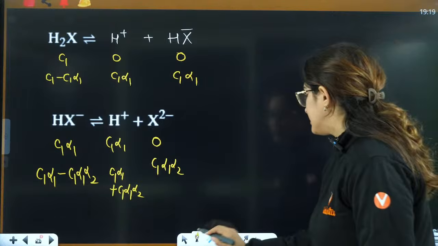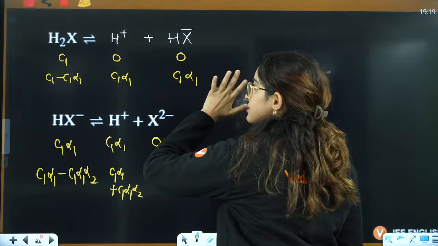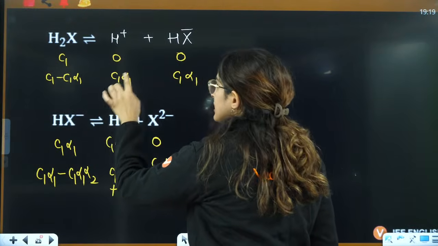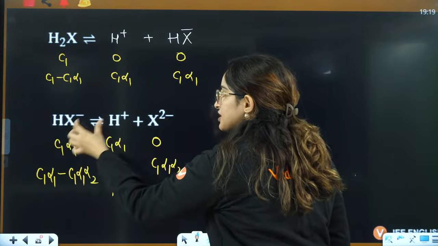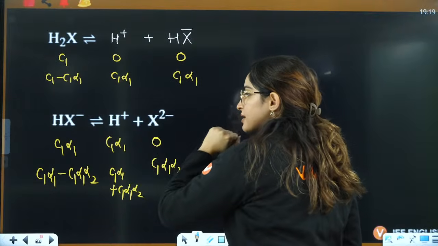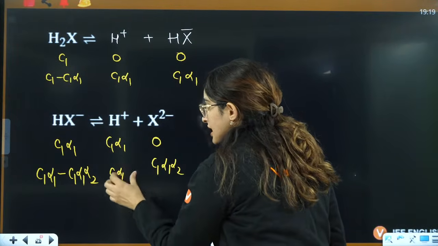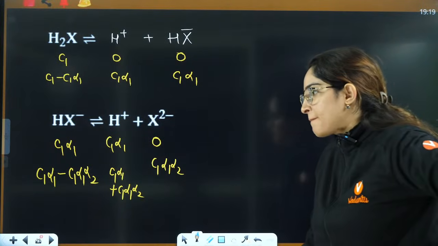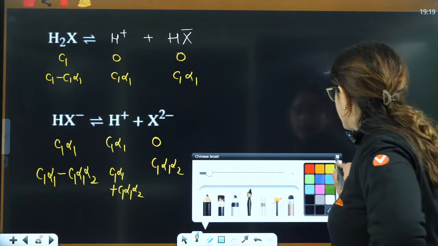Initially it is H2X, you have C1, this is 0, this is 0. You take initial concentration into dissociation and subtract, right? This as it is here, this is the initial because they are already present. Now subtract initial multiplied by second dissociation, and now add this value here, right? Okay, understood? Now see one thing here.